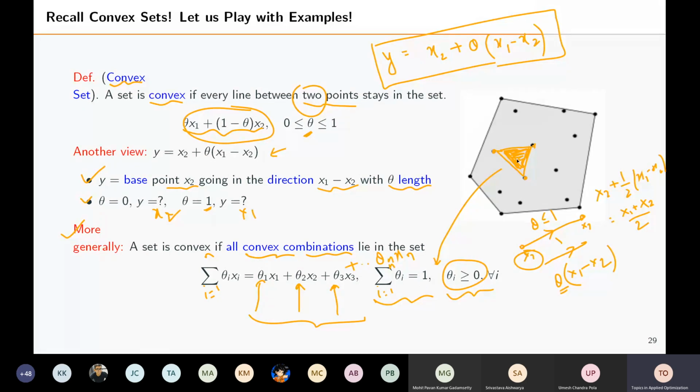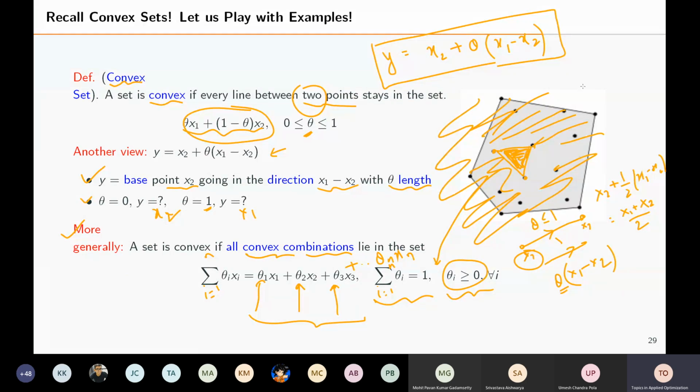With just a linear combination, it would spill over and cover everything, like we saw in linear algebra. But with these restrictions, you only generate points within the boundary joining these points. That's the difference between linear and convex combinations.